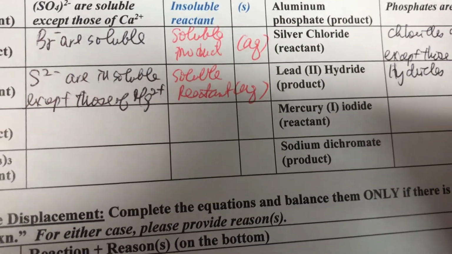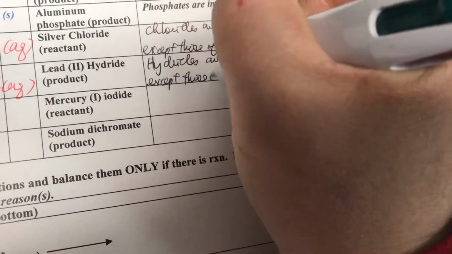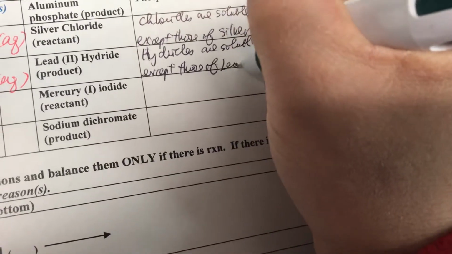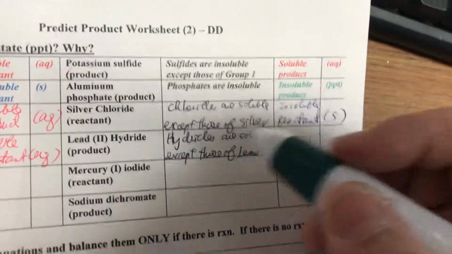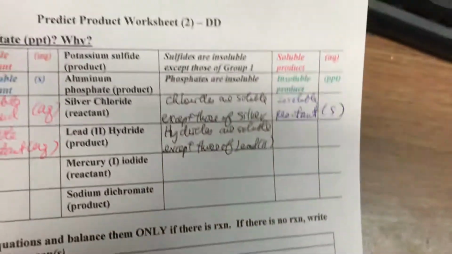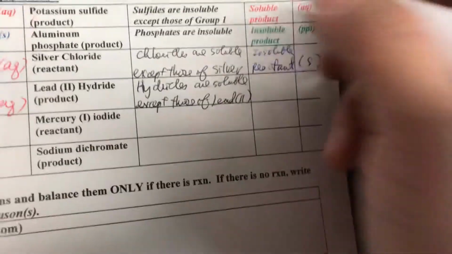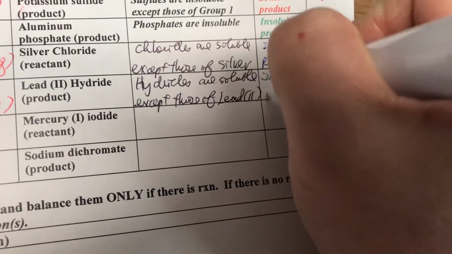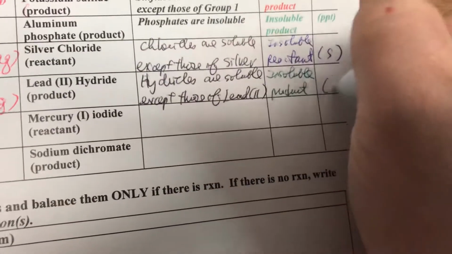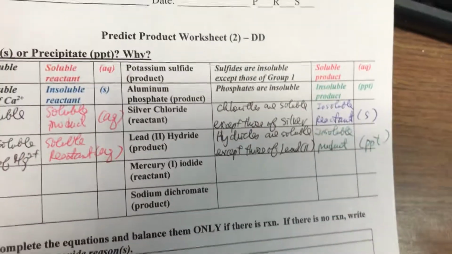Because of the exception, it will be the opposite, so this one will be an insoluble product. An insoluble product will be PPT, because the product is the thing I end up with at the end, so it will be precipitated out.